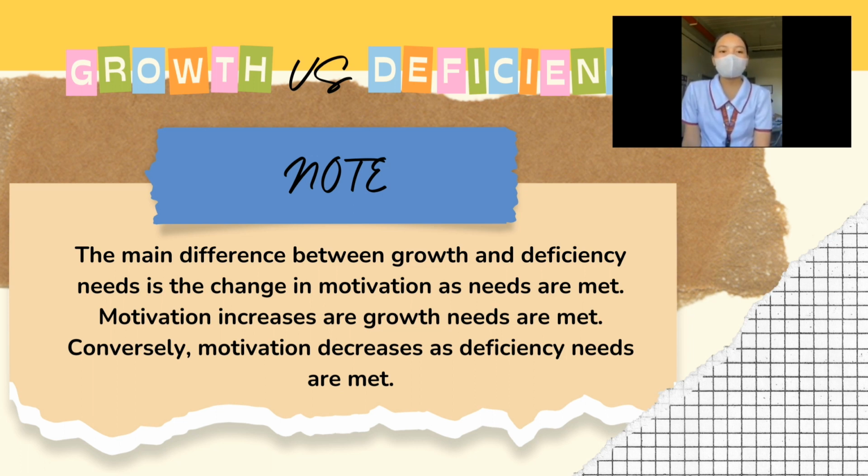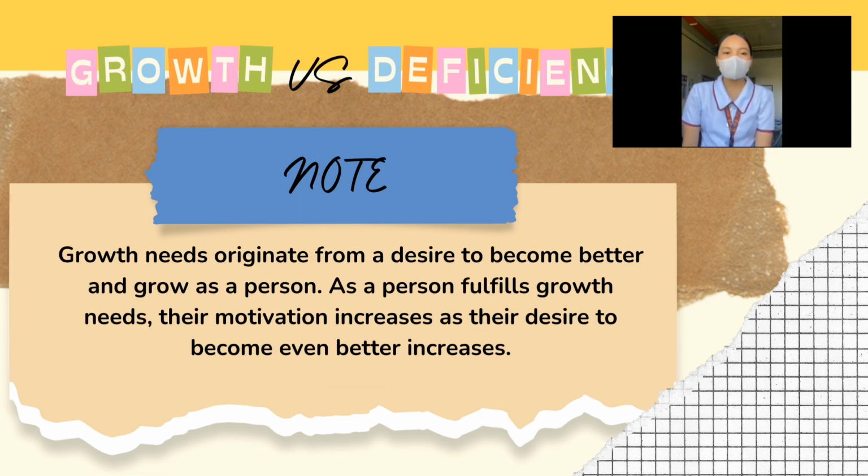Motivation increases as our growth needs are met. Conversely, motivation decreases as deficiency needs are met. Growth needs originate from a desire to become better and grow as a person. As a person fulfills growth needs, their motivation increases as their desire to become even better increases.